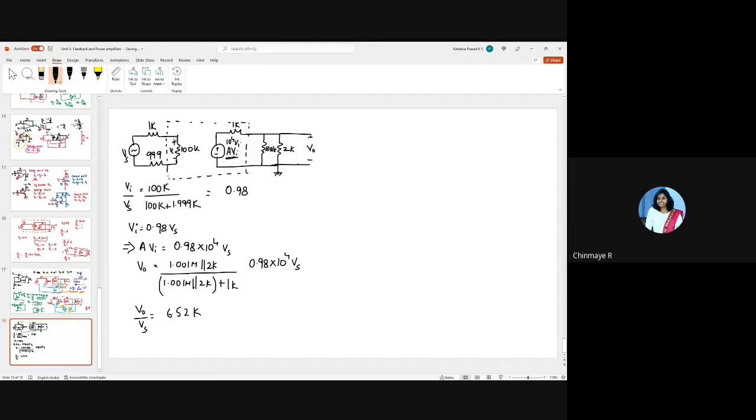This is the value that we have to consider while calculating the term 1 plus A beta, with the loading conditions. So now can one of you calculate 1 plus A beta and tell me how much it is? You know what is beta, right? We need it everywhere. Aryan Meda, can you tell me?